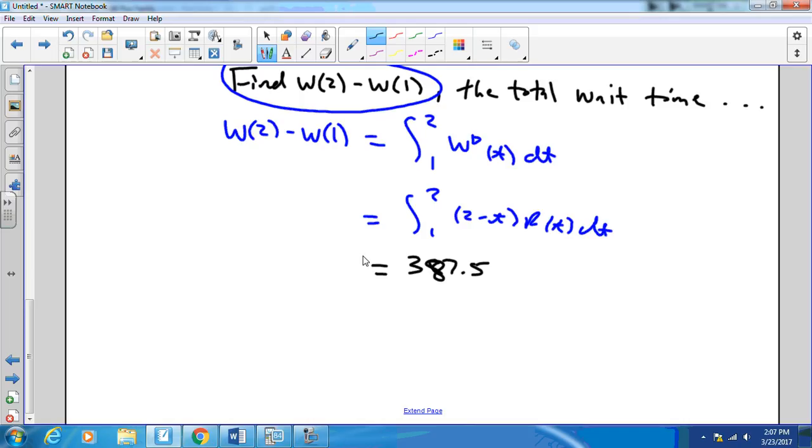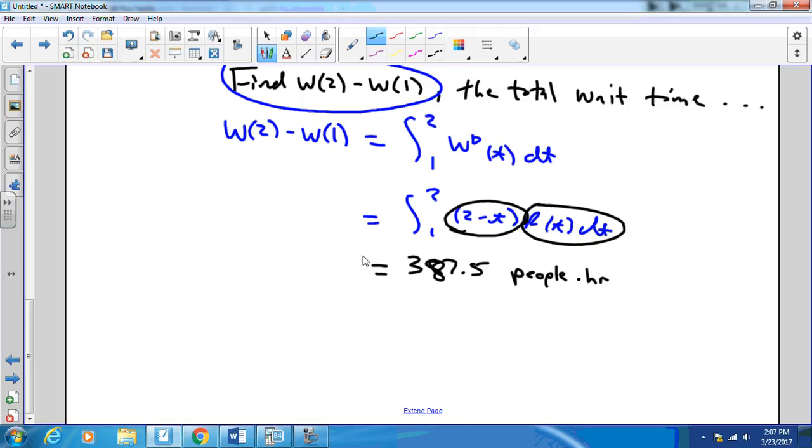Now, interestingly, the units on this are a little strange because this is found by multiplying number of people times time. So what I get are people hours. Now that's a strange unit. But have you ever heard of man hours?